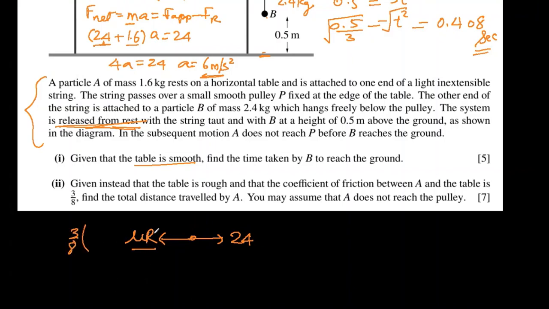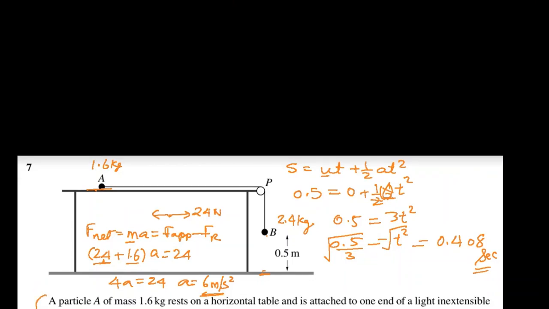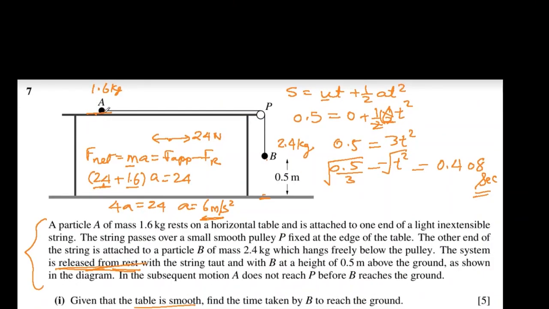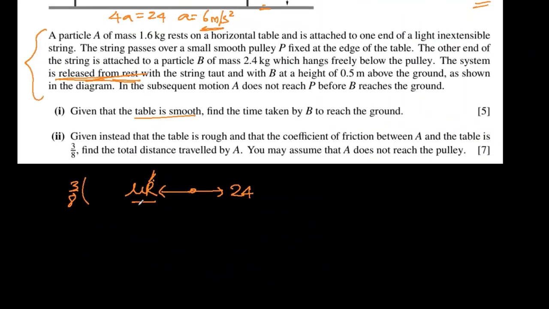What will be the normal contact force R? Since there is no other component than this, we can simply say that 16 Newton is downward force and 16 Newton will be upward force, so that they balance each other and this particle does not go up or down. So 16 Newton is the normal contact force which we will use here.